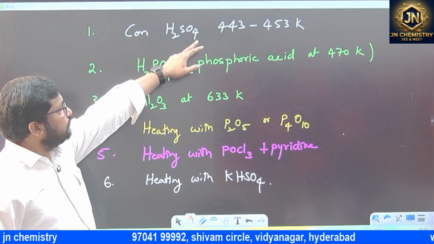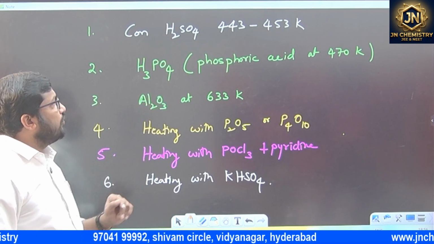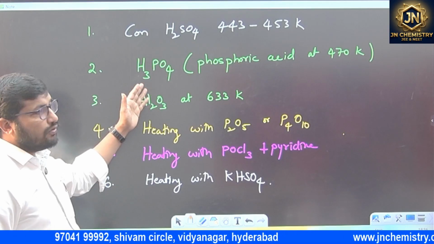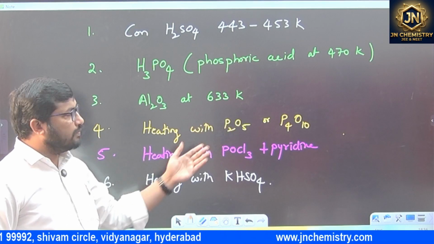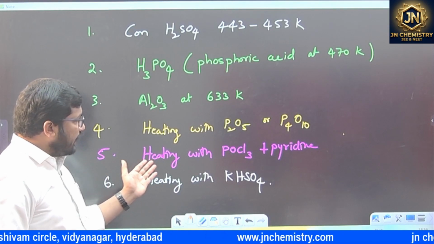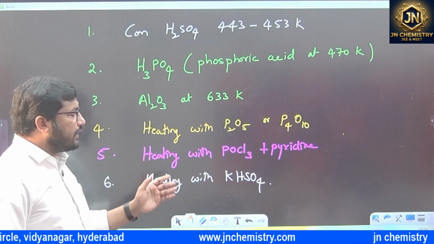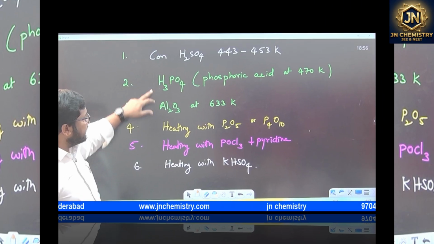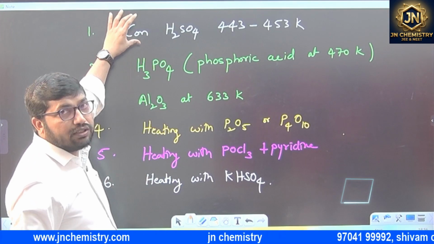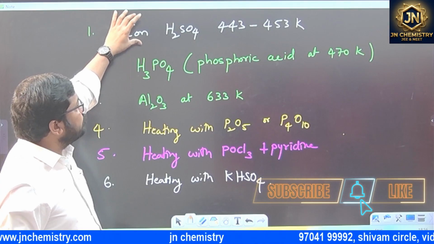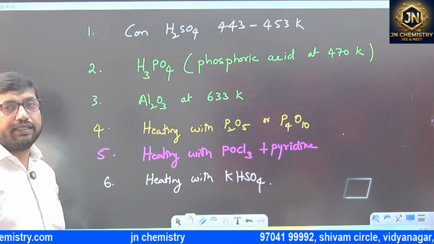Concentrated H2SO4 at 443 to 453 Kelvin, H3PO4, Al2O3, heating with P2O5 or P4O10, heating with POCl3, heating with KHSO4. All these reagents can be used for the dehydration of alcohols, but mainly we will use concentrated H2SO4 at 443 to 453 Kelvin.